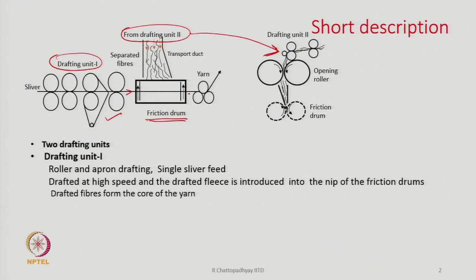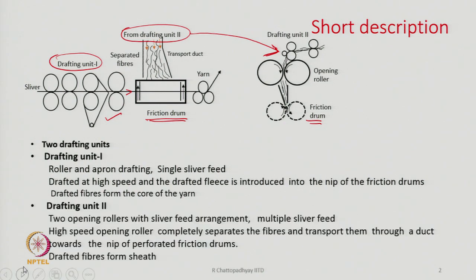So, there are two friction drums as shown here, and the drafted fleece of fibers is introduced at the nip of these two friction drums. Whatever is fed by drafting unit 1 becomes the core part of the final yarn, and whatever is fed from drafting unit 2 becomes the sheath part of the yarn.